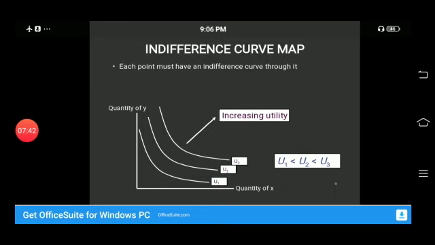The lower the indifference curve, the lower the level of satisfaction. So here we can see that U3 is the higher one. So U3 is greater than U2, or you can say that U2 is greater than U1. U3 is greater than U1 as well as U2. Right?